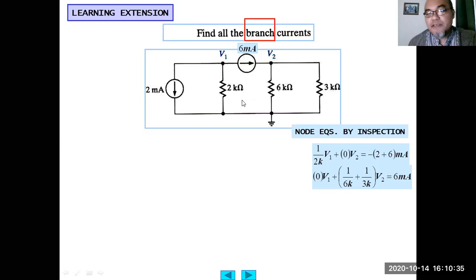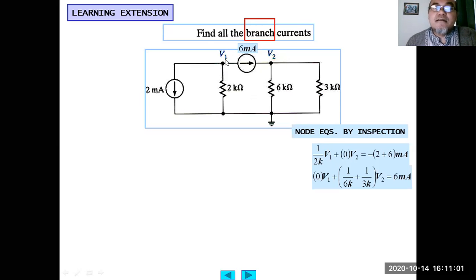So from inspection at node 1, (V1 minus 0), because it is a reference voltage, divided by 2K, plus 0 times V2, because there is no resistor between V1 and V2, right? If there are no resistors, there is no conductance.